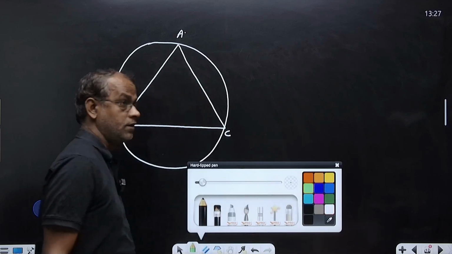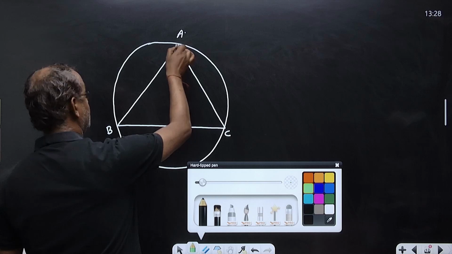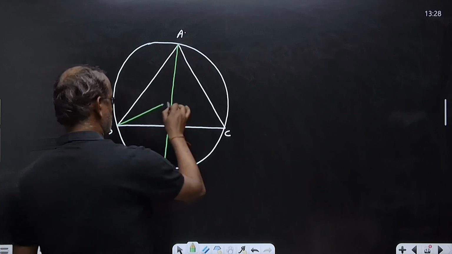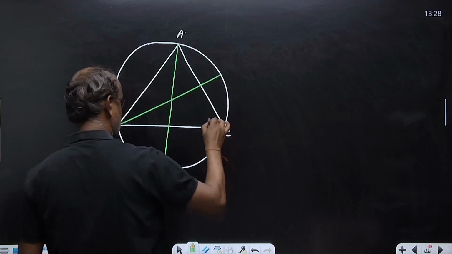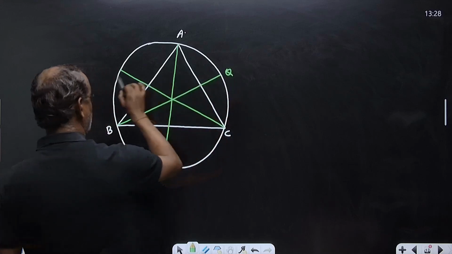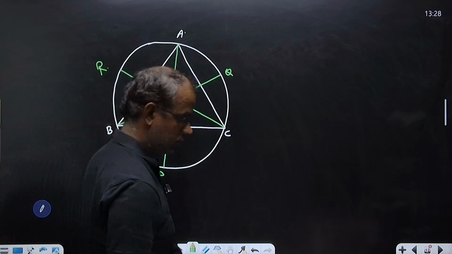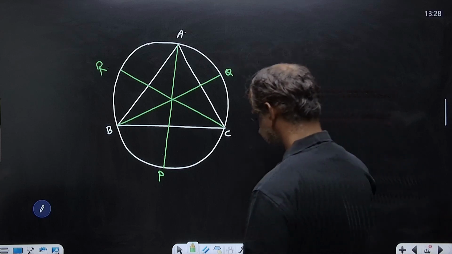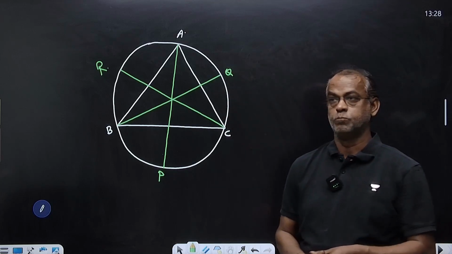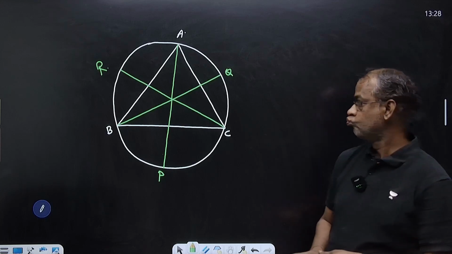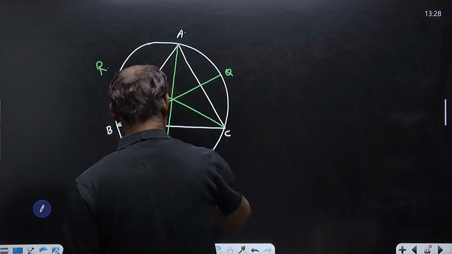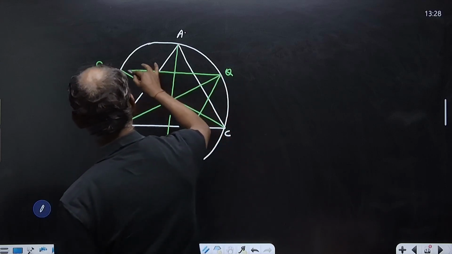In triangle ABC, suppose we are given that the angle bisectors meet the circumcircle at P, Q, R, and we have to find the ratio of the areas of these two triangles.